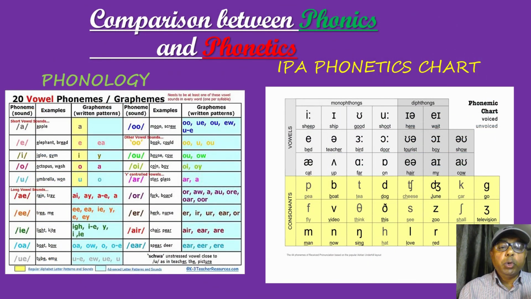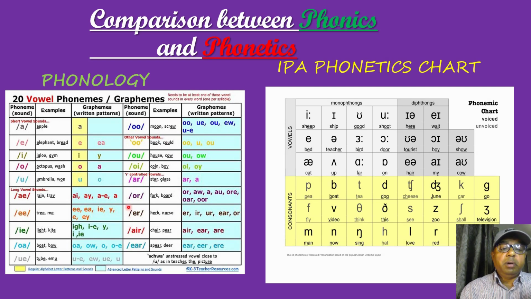Now I'm going to show you the comparison between phonics and phonetics. As you all know, phonetic symbols are really difficult to master unless you have learned them and know how to use them. In the UK, in the schools, we find phonics is much more user-friendly and effective.